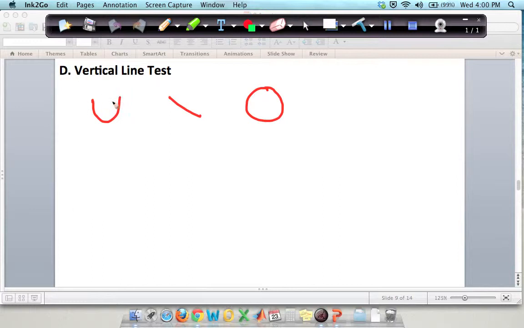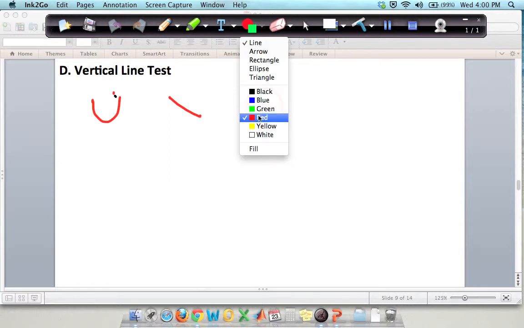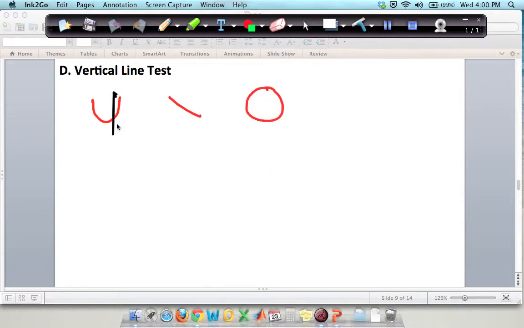So, for example, I take this parabola and draw a vertical line. Let me change the color of that. Let's do black. So I draw a vertical line, and it only hits once, which in this case it does, so this is a function.